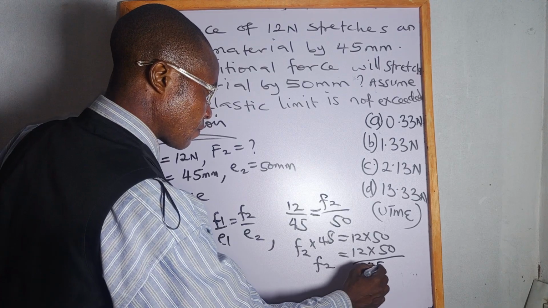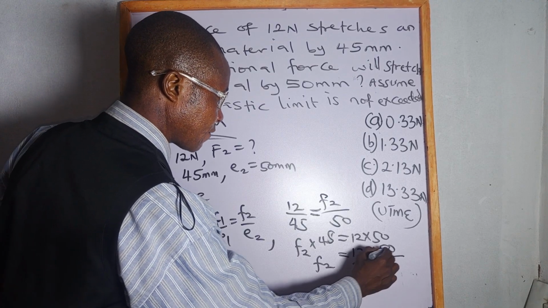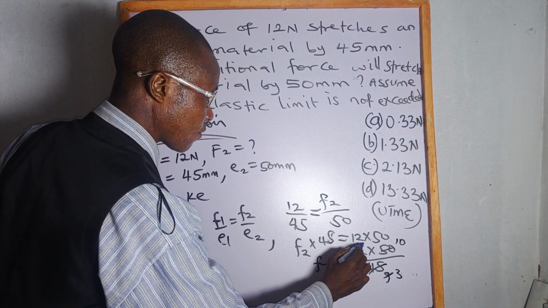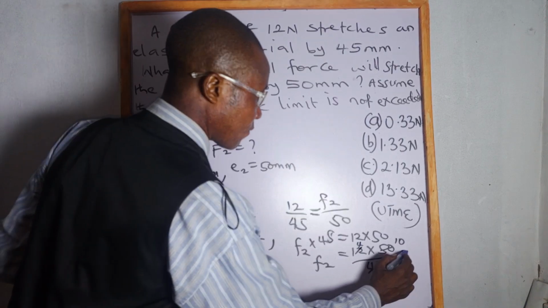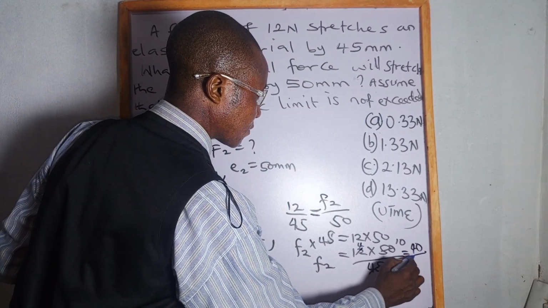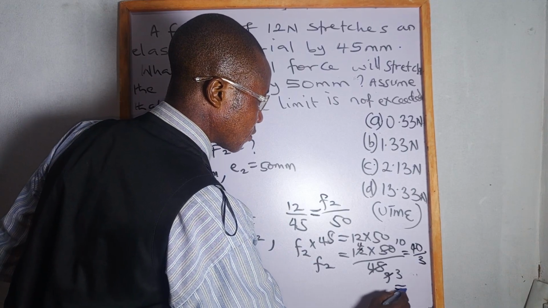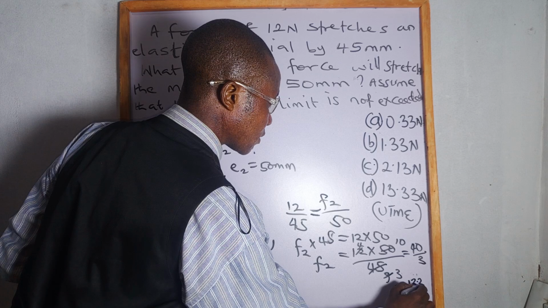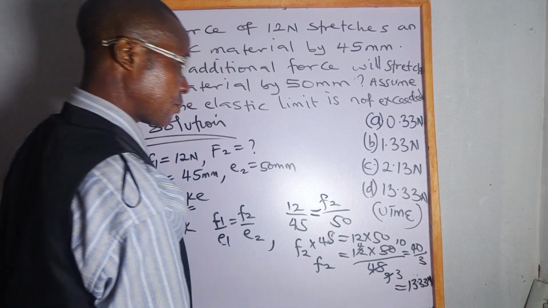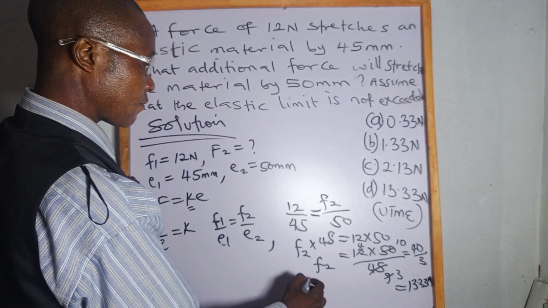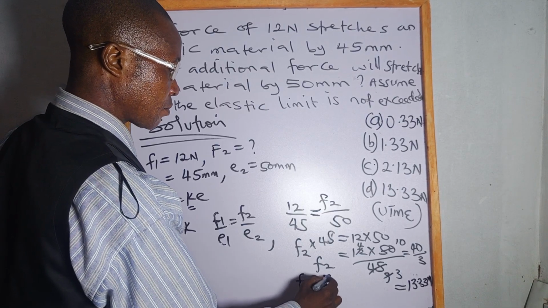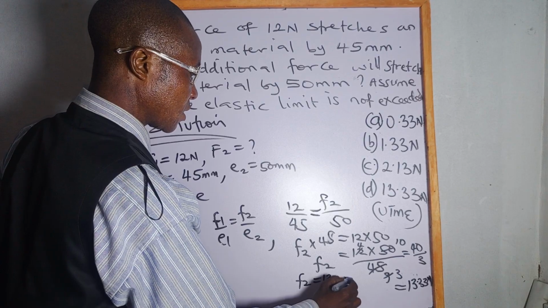So therefore, 5 here, 9; 5 here, we have 10. 3 here, 3; 3 here, we have 4. So we have 40 divided by 3. 40 divided by 3 will give you 13.33 Newton. That is our F2. My F2 is equal to 13.33 Newton.